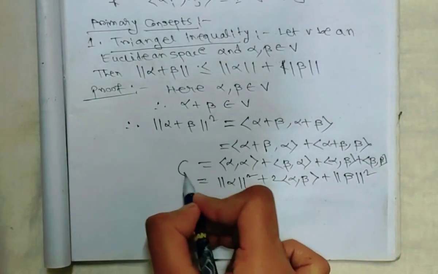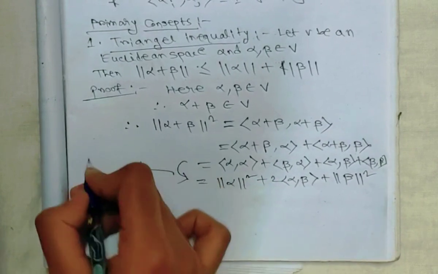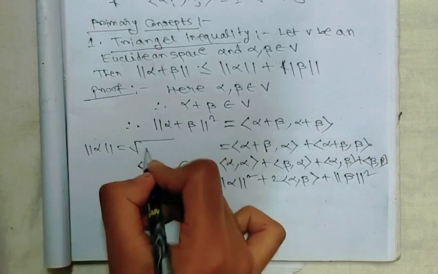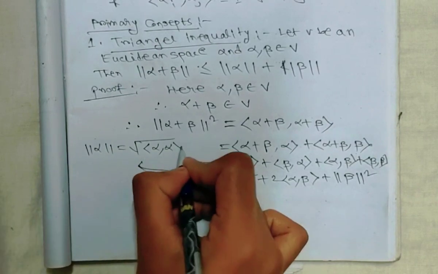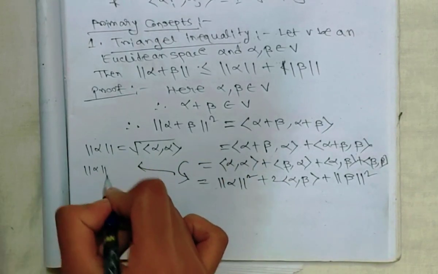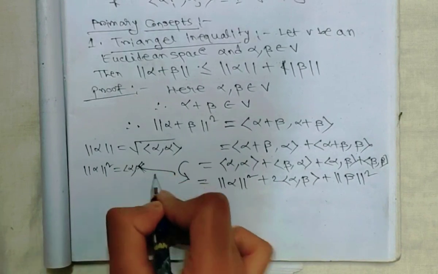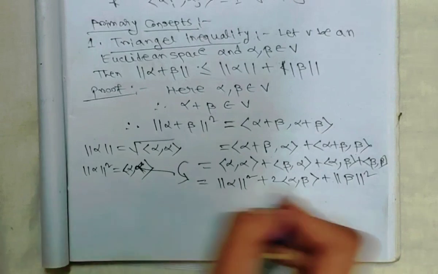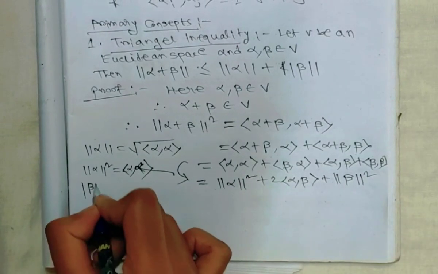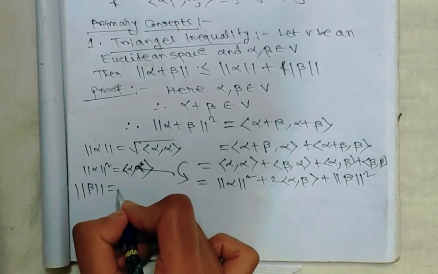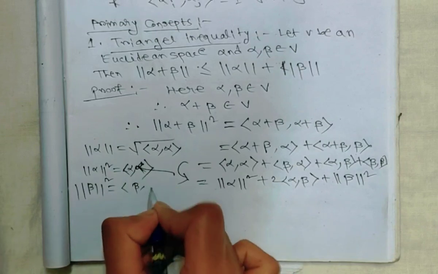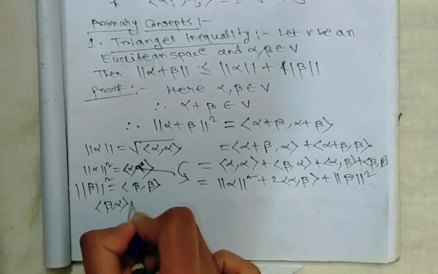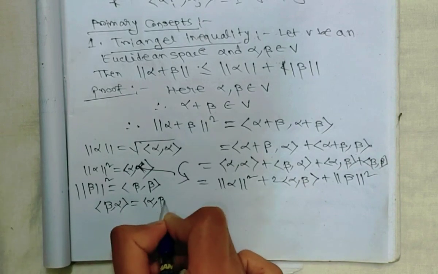Now for this line to this line, we know that norm alpha equals root over the inner product of alpha alpha, that is, norm alpha square equals the inner product of alpha alpha. Similarly for norm beta, we can say that norm beta square equals the inner product of beta beta, and by the symmetric property, the inner product of beta alpha equals the inner product of alpha beta.